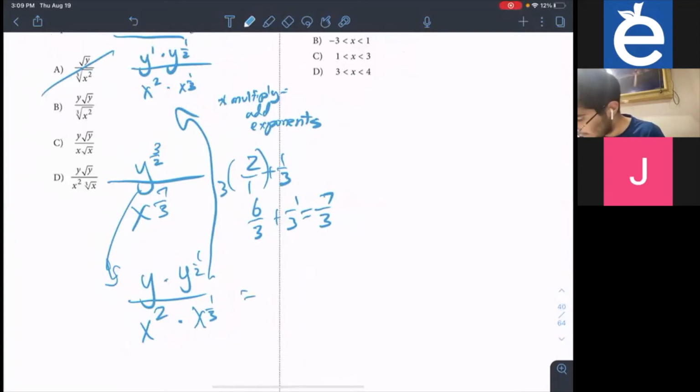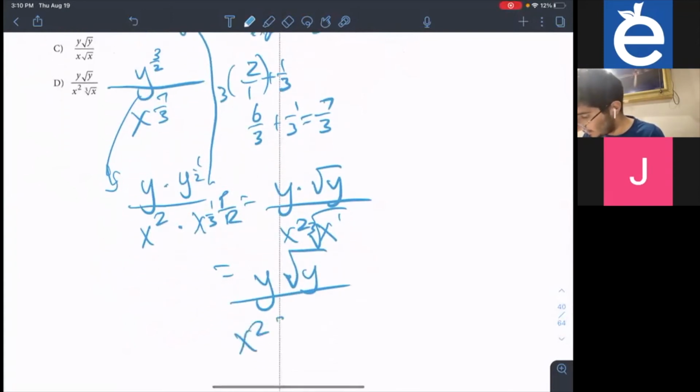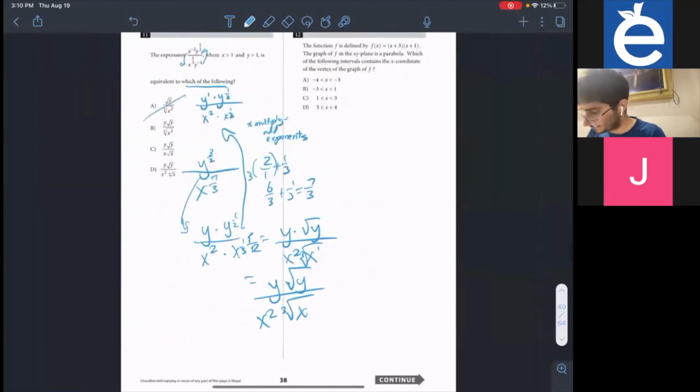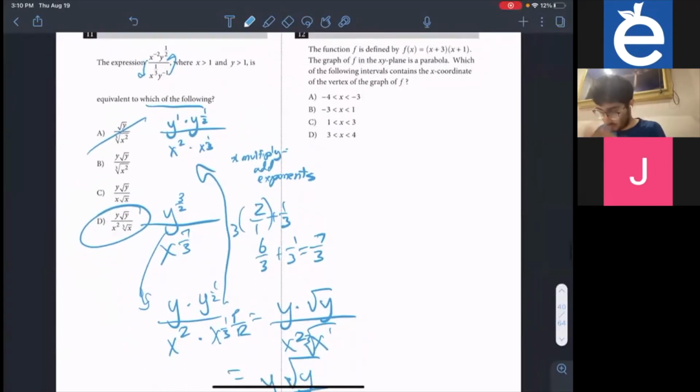Anything raised to the 1/2 is just the square root of it, and then this is x squared, and same thing for the cube root. The power goes inside over the root, and the root would be 3. So it would be y times radical y over x squared cube root of x, which is choice D. So our answer for question 11 is choice D.